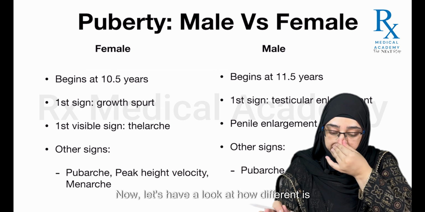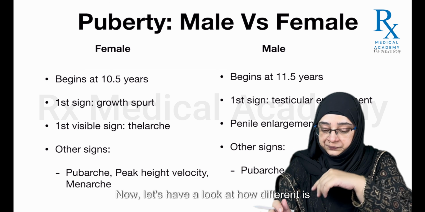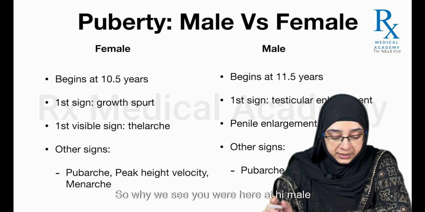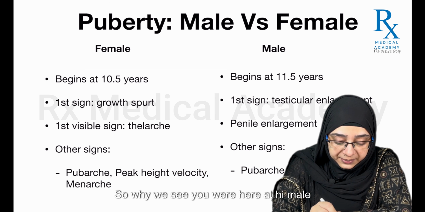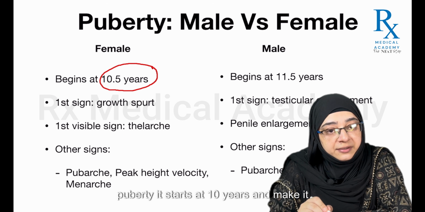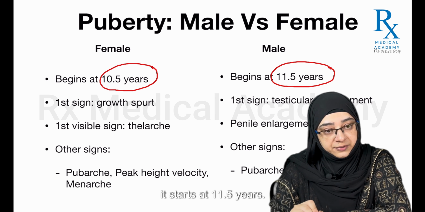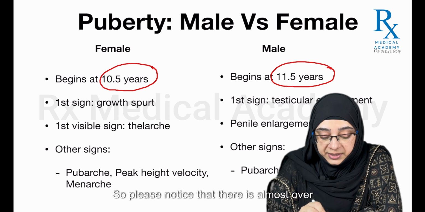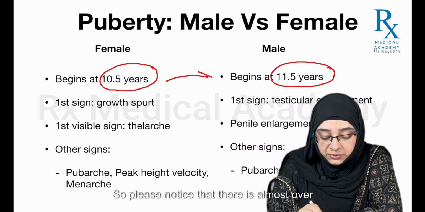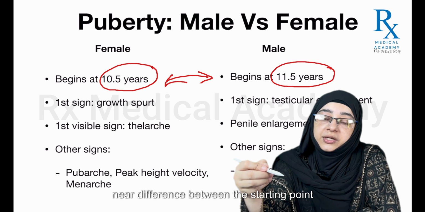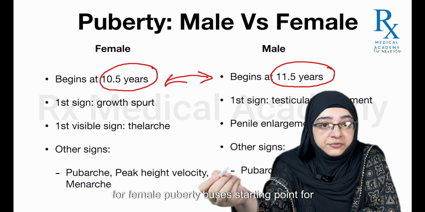Okay. Now, let's have a look at how different female puberty is versus male puberty. Female puberty starts at 10.5 years and male puberty starts at 11.5 years. So please notice that there is almost a 1 year difference between the starting point for female puberty versus male puberty.